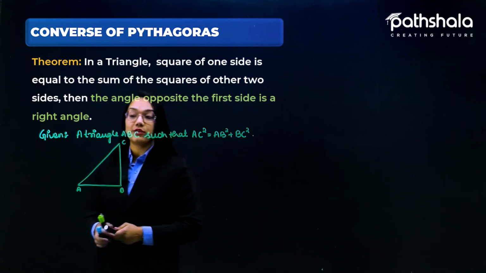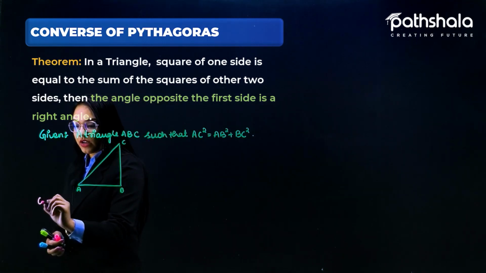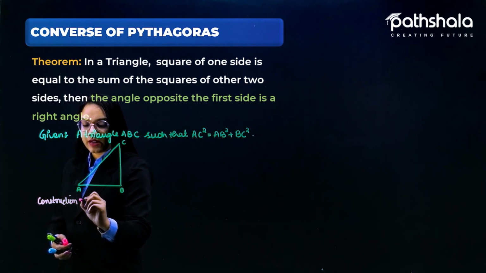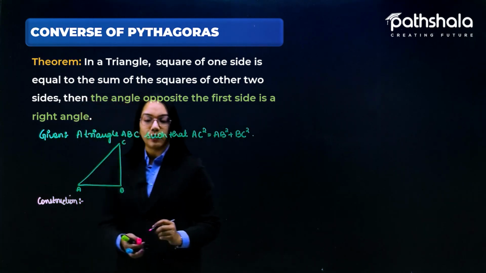Now I'm starting with the construction. In order to prove that the angle is 90 degrees, we have to do a particular construction.